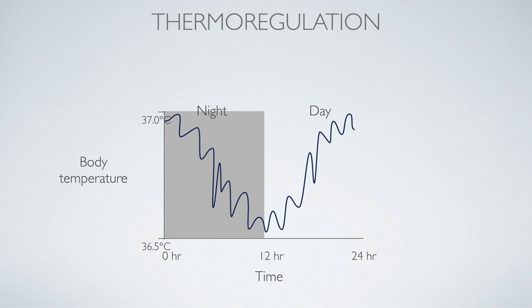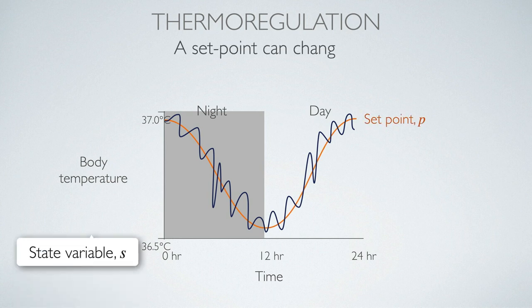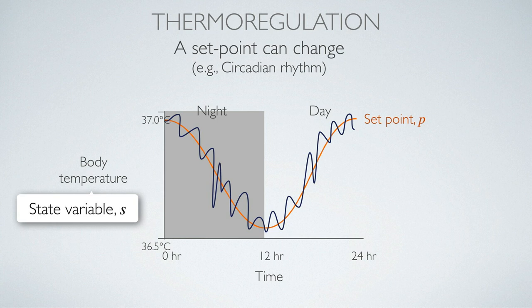But they're oscillating around a trend line, which represents the set point P. So again, we've got a state variable S and a set point P. Here, this graph illustrates how P changes over time, and therefore the nature of the control system will vary over time as reflected by these measurements of body temperature.